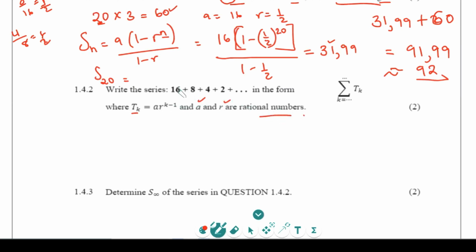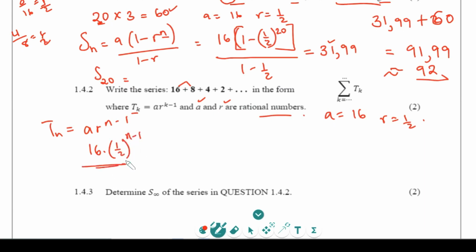So this is just the geometric sequence from that previous question, where we said our a is 16 and our r is a half. So we need to determine the nth term. We said ar to the n minus 1, and with a being 16, we multiply this by a half to the n minus 1.